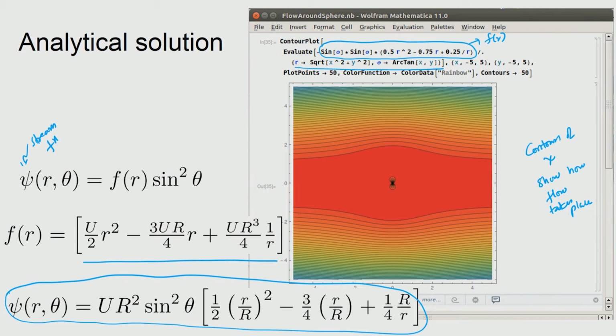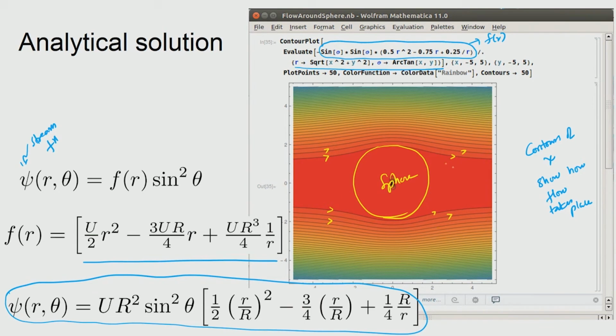You can immediately see that the contours look like how we imagined. To show you clearly, the sphere is of radius 1 because we have taken the value of u to be 1. So, this is the sphere, and we can see that the velocity should look like that.